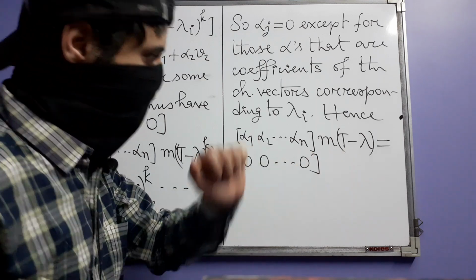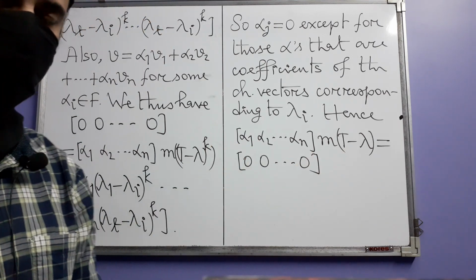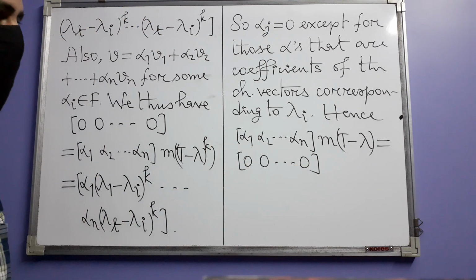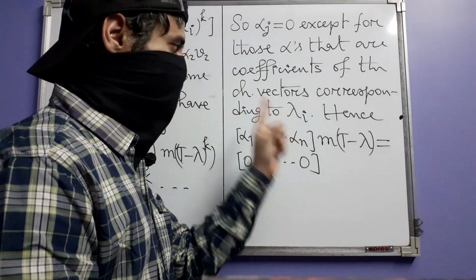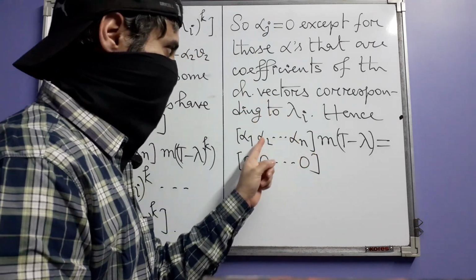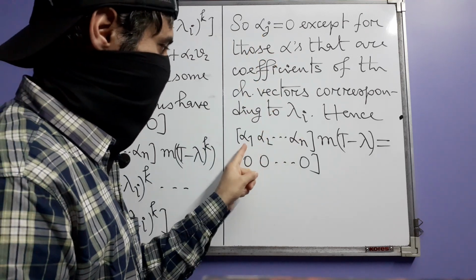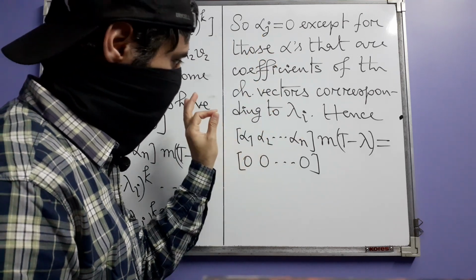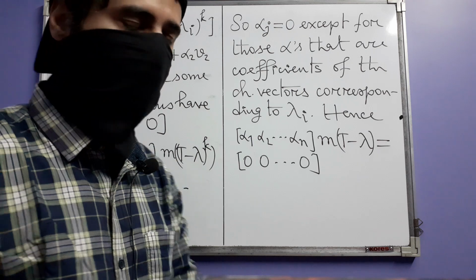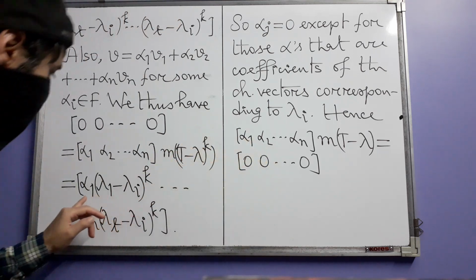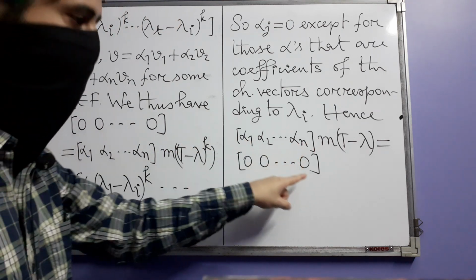We will now get this as well. Why? Well, you think of it, those alphas that do not correspond to these lambda i's which you can see here are already 0, and they get multiplied with things like this when you do the multiplication.